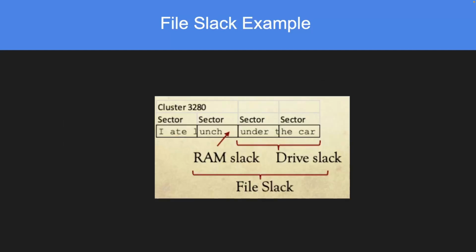When it comes to file slack, just for visual representation, this will be at something like sector 3280 of a disk. We have multiple sectors here, so 4 sectors within this cluster. It'll have something like a sentence like, I ate lunch under the car.